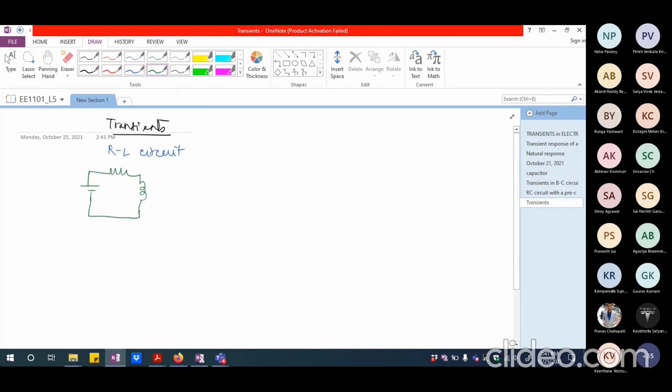If I call this L and this R, and this is the VDC, then L by R we called the time constant, and we said that VDC divided by R will be the steady state current, or the final current the circuit achieves once time t is infinity.